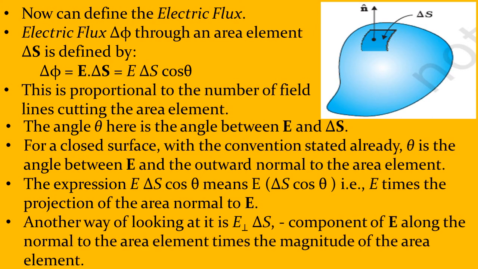I can look at it in another way also. It is the component of E along the normal to the area element times the magnitude of the area element. But don't worry about all this. Just remember that delta phi is the electric field vector E multiplied by the area vector delta S, and the magnitude is E delta S cos theta.